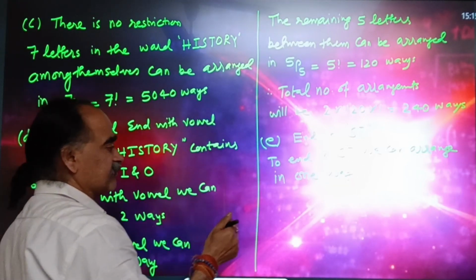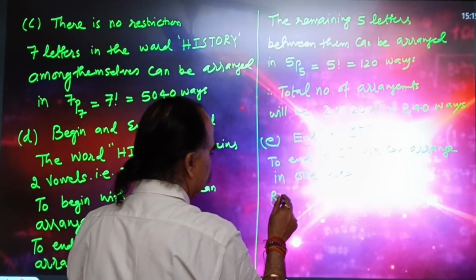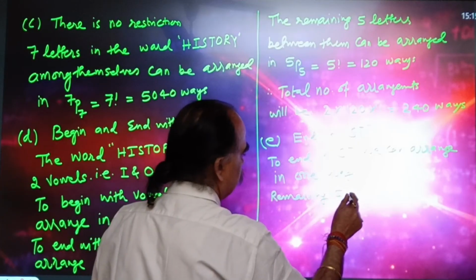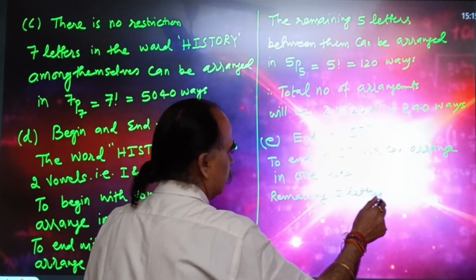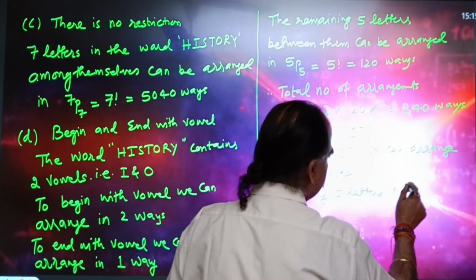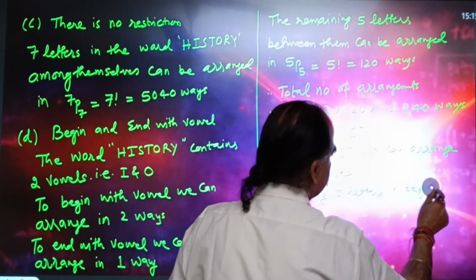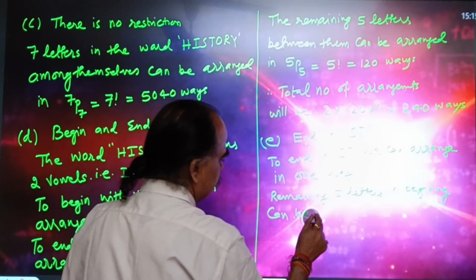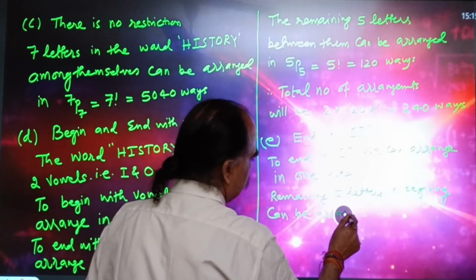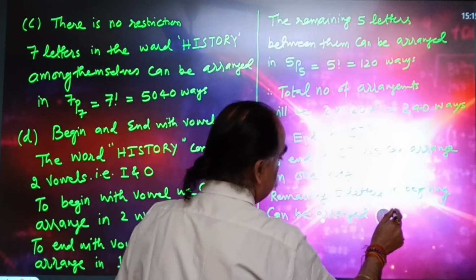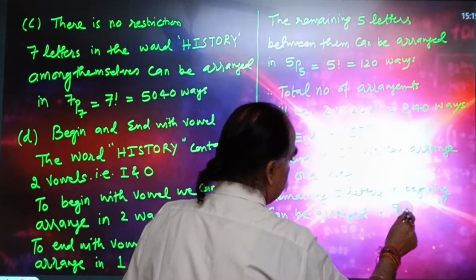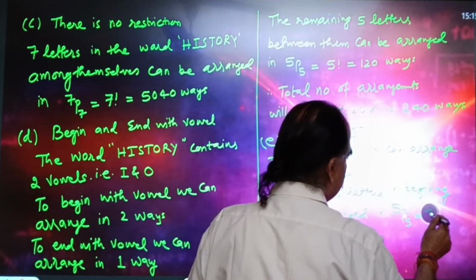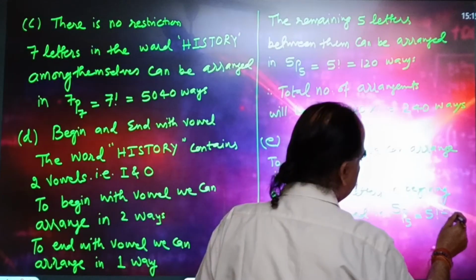Now the remaining five letters in the beginning can be arranged in 5P5, 5 factorial equals 120 ways.